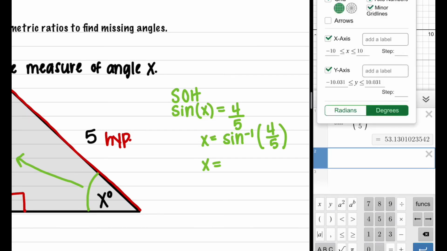We have not learned about radians yet, so if it's in radians, you're going to get some funky looking number. 0.9 degrees wouldn't make a whole lot of sense since this angle in the triangle appears to be more than 1 degree. Just double check that you're in degree mode. So we got 53.13 if we are rounding to 2 decimal places. So x is 53.13 degrees.